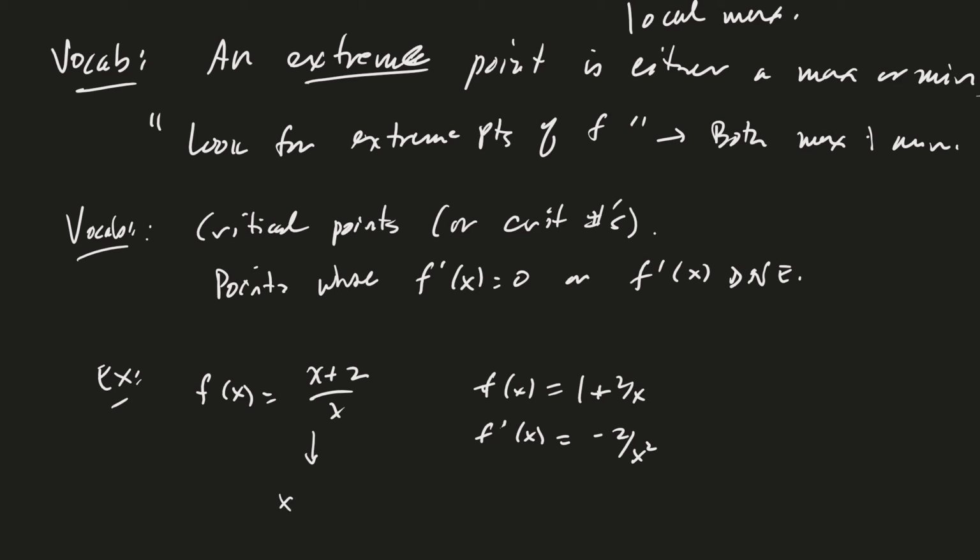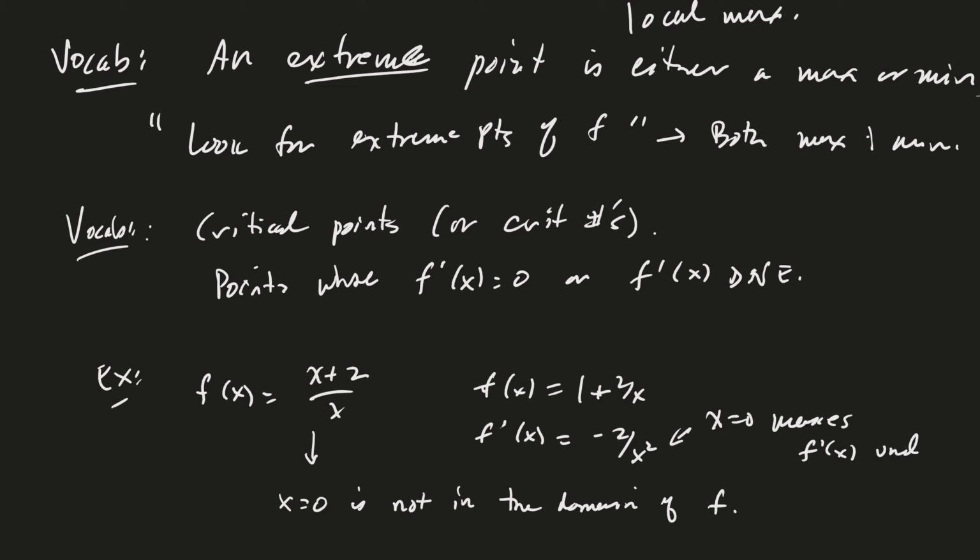Notice that x equals 0 is not in the domain of f. And so even though x equals 0 makes f prime of x undefined, x equals 0 is not in the original domain, and so we would not include it in the list of critical points.